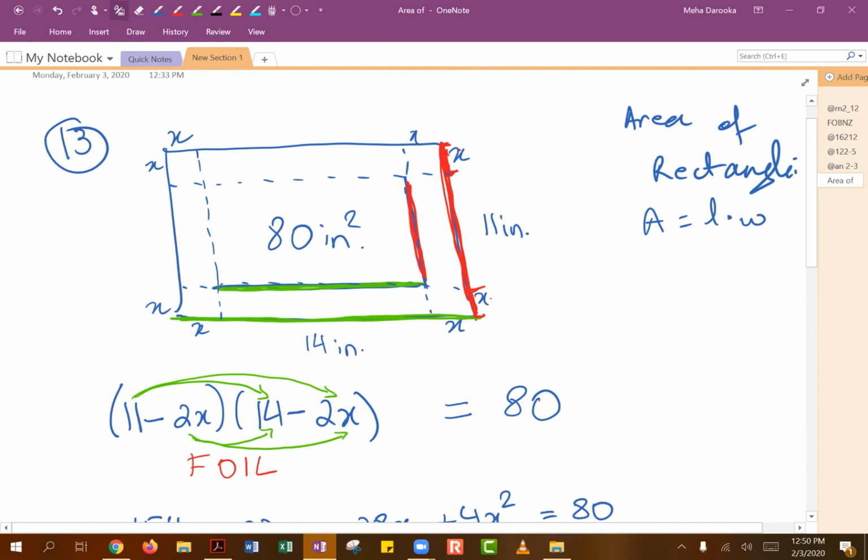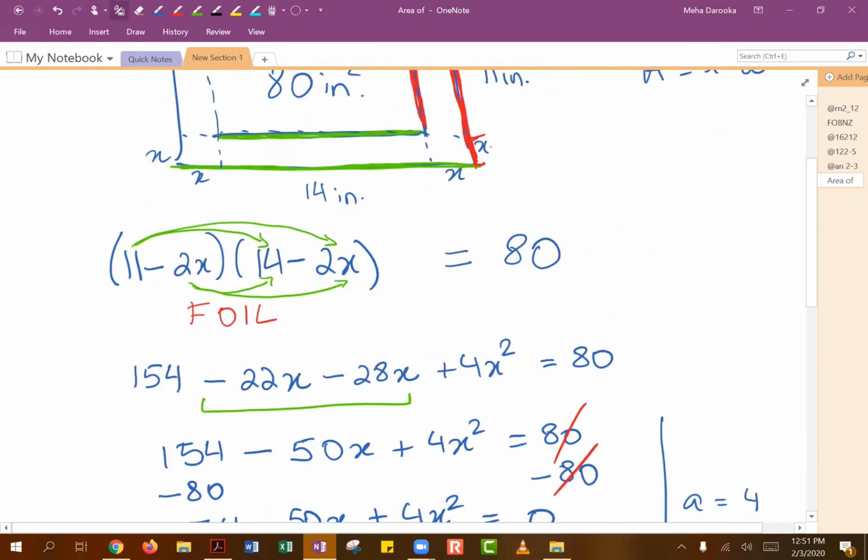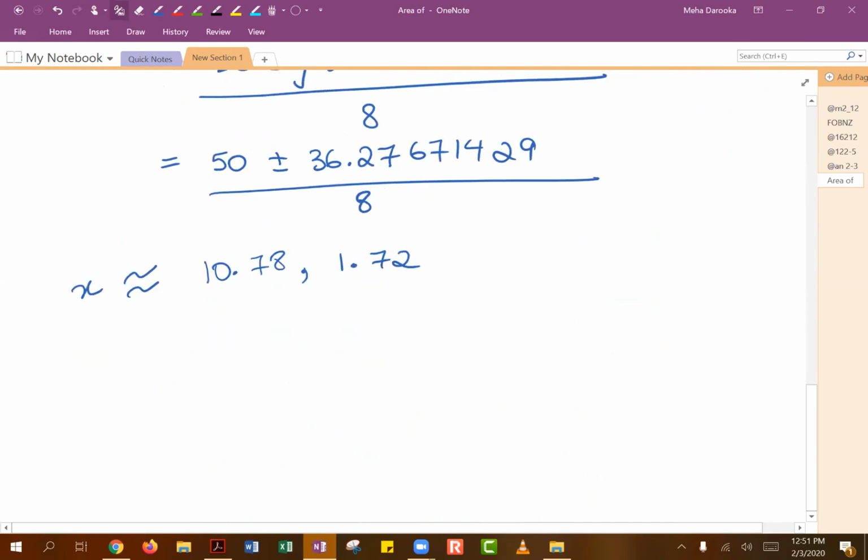Because remember, x is this number here, how much I'm cutting off from each corner, so that Imogene can make a box out of her goodies. So this answer here will be discarded.